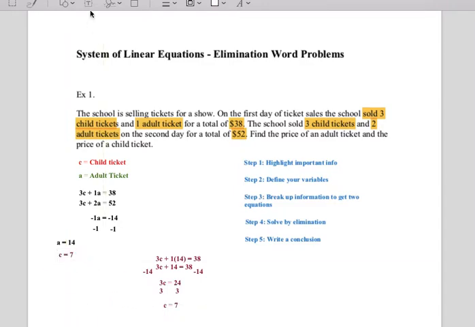So we go over and we write the price of an adult ticket is $14. The price of a child's ticket is $7.